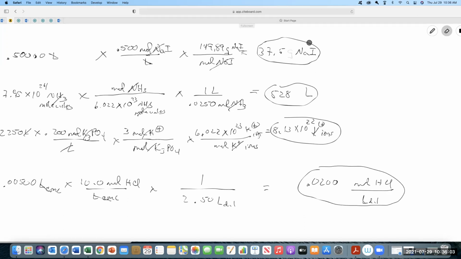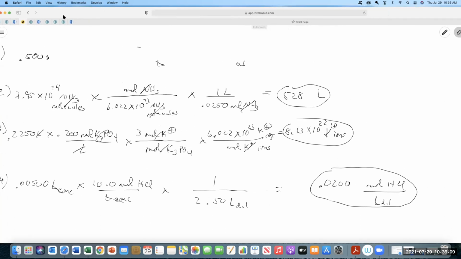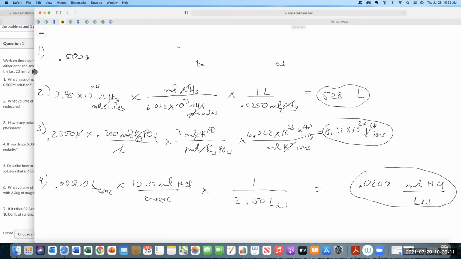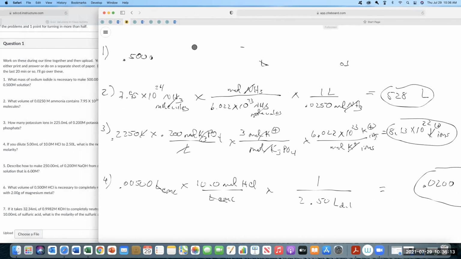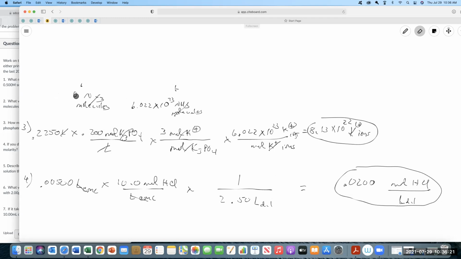All right, there's your first 4. I'm going to erase numbers 1, 2. Let me make this smaller again. I'll erase the first 2 for a minute here, so keep them up here for you.